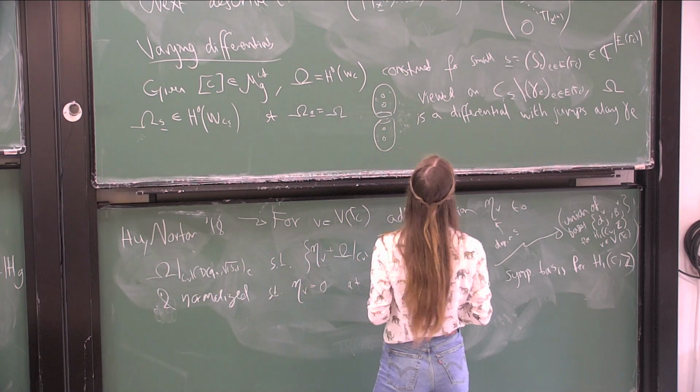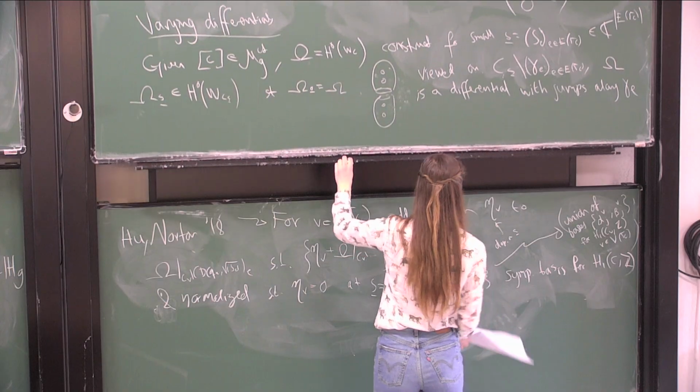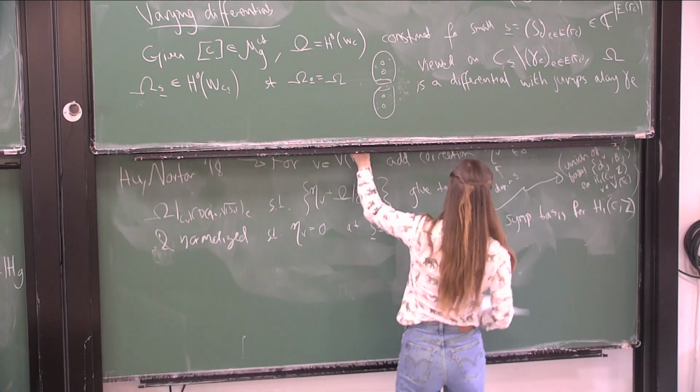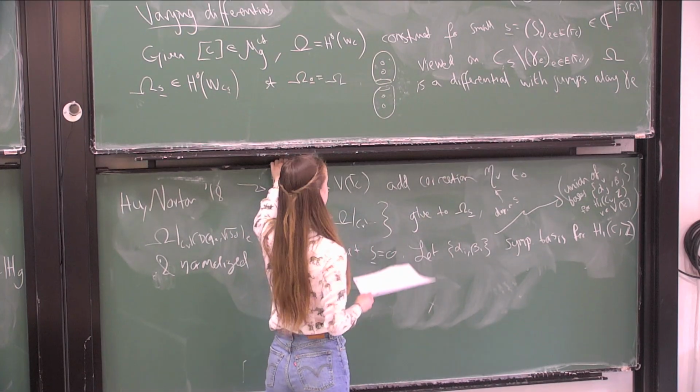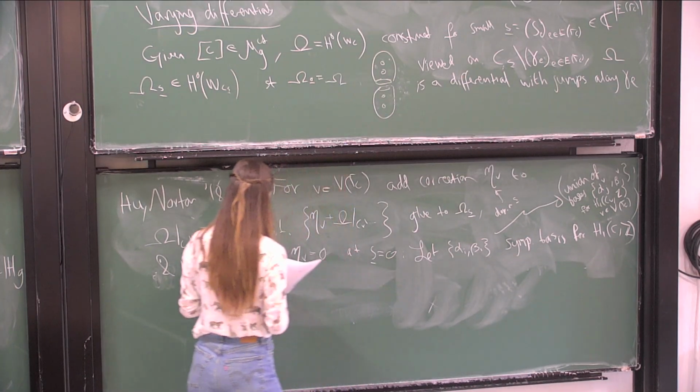Okay, so this basis can also be viewed now as a homology basis for the smooth end curve by just taking the same cycles.